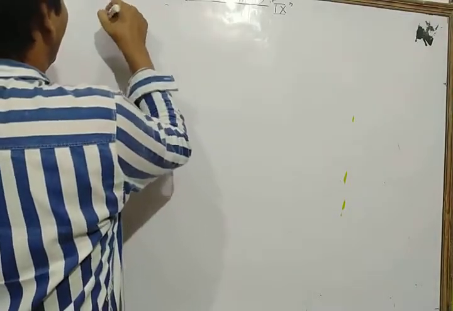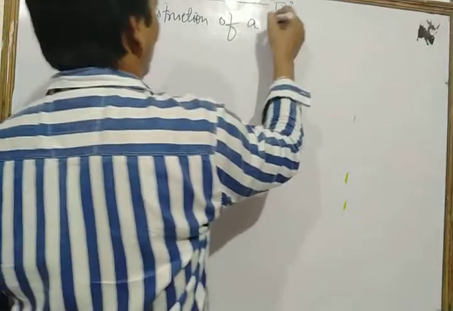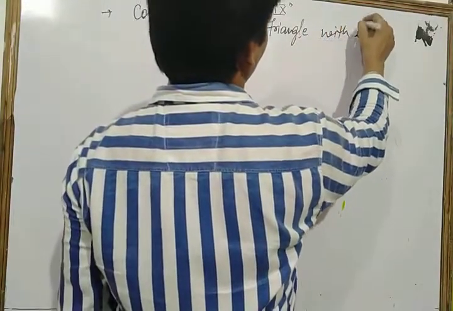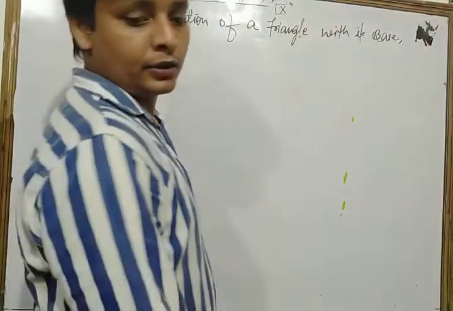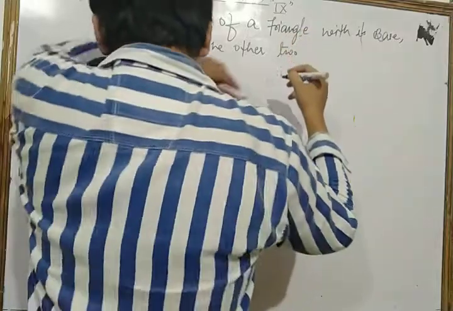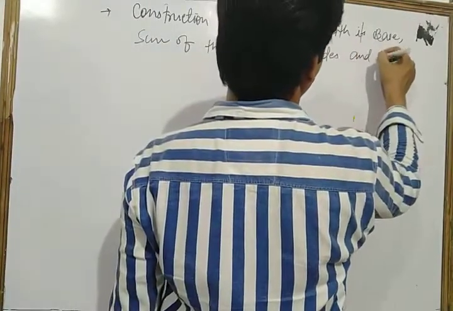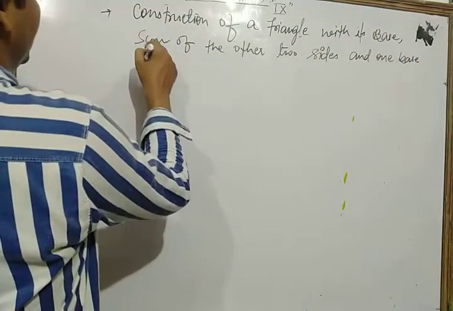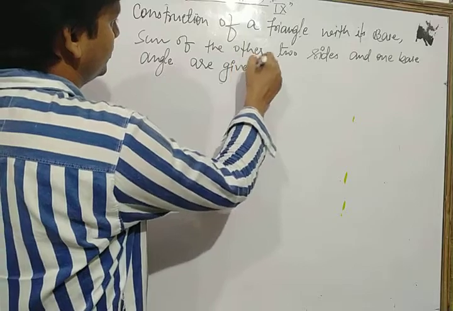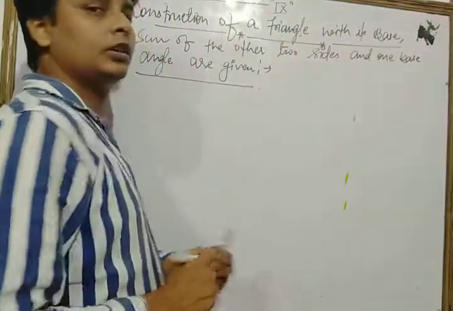Dear students, today we discuss the topic construction of a triangle with its base, sum of the other two sides, and one base angle given.